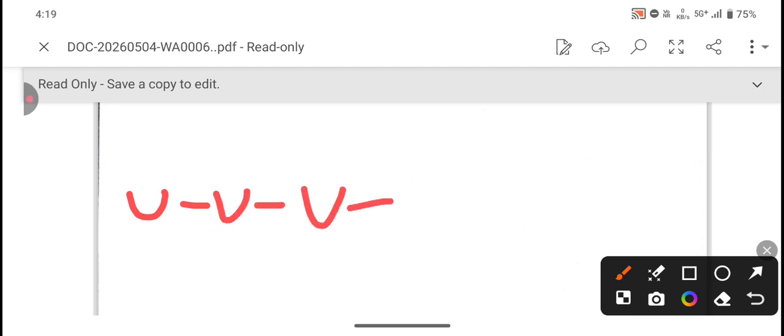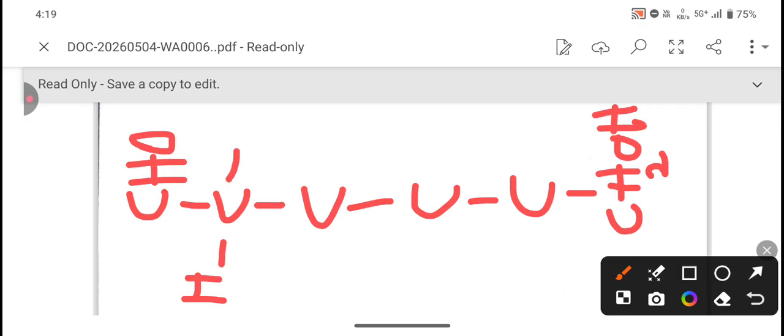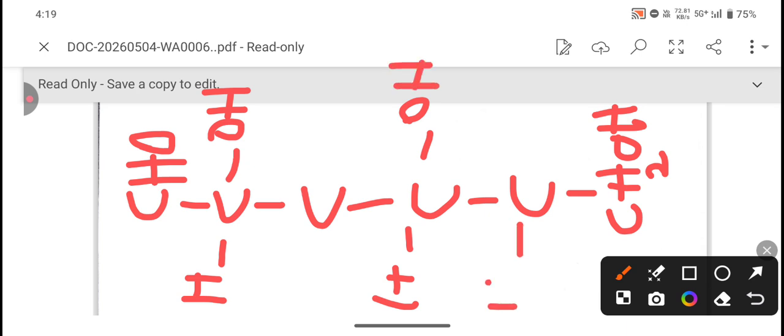Let me draw this: 1, 2, 3, 4, 5 and 6. As carbohydrates are polyhydroxy aldehydes and ketones, you need to arrange the hydrogen and hydroxyl groups.